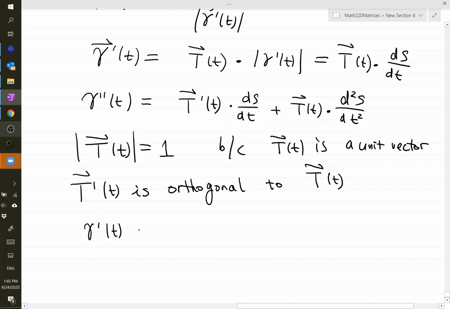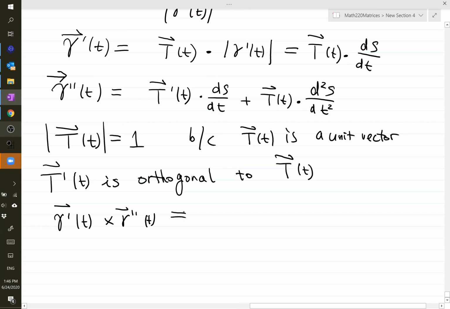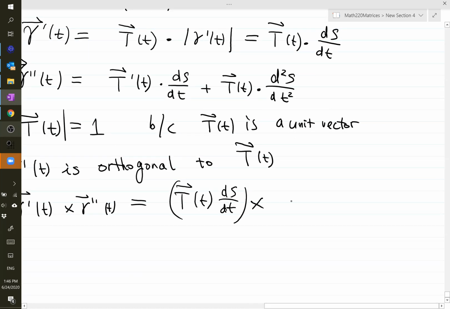So take the r derivative cross product the r second derivative. Remember T cross T, we get 0. A vector cross product with itself is 0. By the linear property, substitute: this is capital T ds over dt cross product with T derivative ds over dt plus capital T d squared s over dt squared.